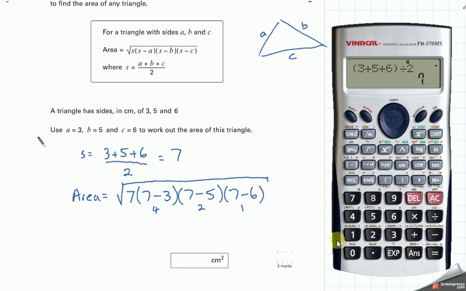So, first of all, 7 times 4 times 2 times 1 equals 56, and square root of my answer.